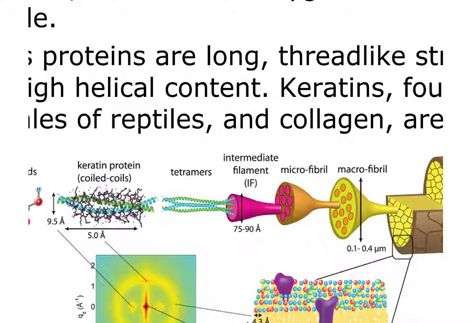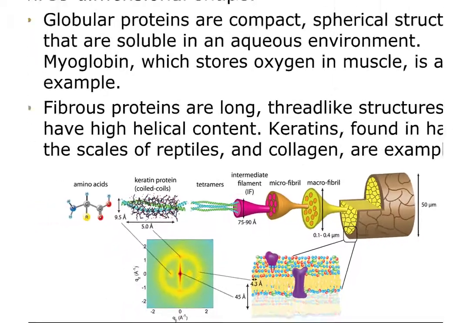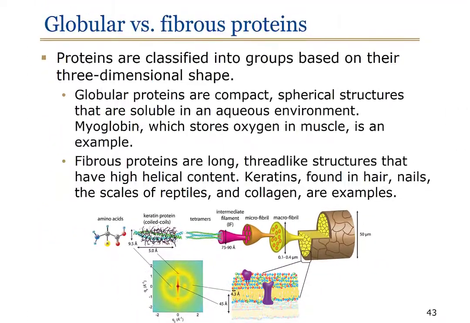And these form together to make intermediate filaments and microfibrils and macrofibrils, and then you get the whole hair. As you have experienced it, hair is flexible, but on the other hand, it has some tensile strength. And that's the molecular explanation for that. It's held together by these proteins binding to each other, or these polypeptides.